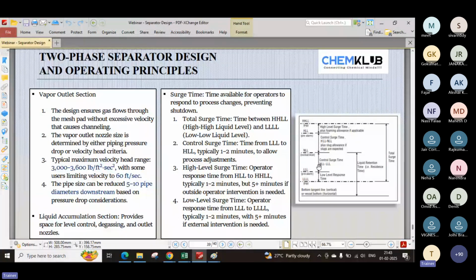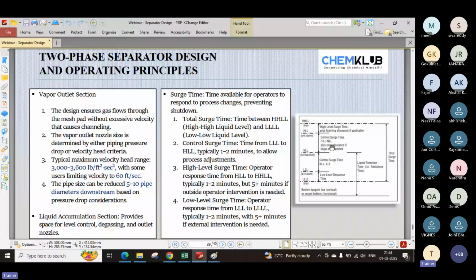Or sometimes a slug comes, high volume liquid suddenly falling into your separators, which may disturb or create a problem for quick separation. So you have to design your separator to accommodate that volume without affecting the separation capacity or efficiency. That extra slug volume is allocated between the high level alarm and the normal liquid level.